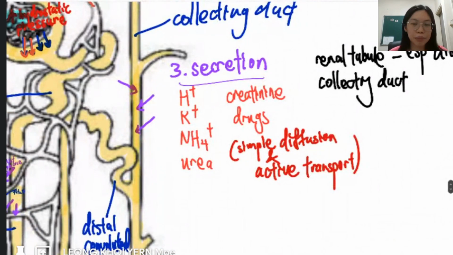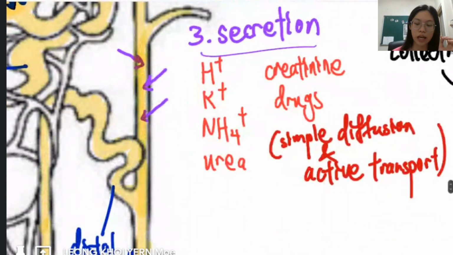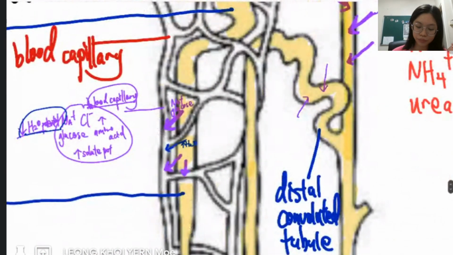So from the blood capillary, they will secrete out. It's opposite. You can see the arrow right here, secretion is from the blood capillary going inside the collecting duct, from the blood capillary going inside the distal convoluted tubule. Just now it was from the renal tubule reabsorbed into your blood capillary.